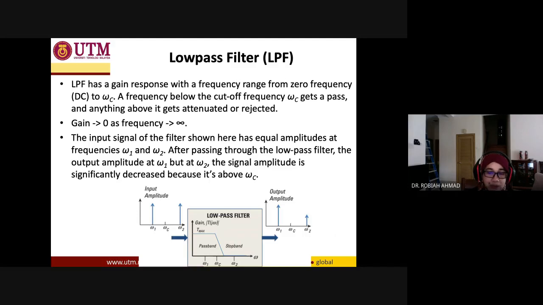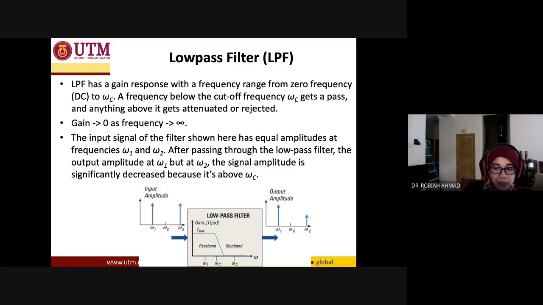We can reduce that noise so that we have a better signal. For example, this is the signal that we want plus the noise. Okay, so we only want the output. So a frequency below the cutoff frequency gets a pass, and anything above it is attenuated or rejected.